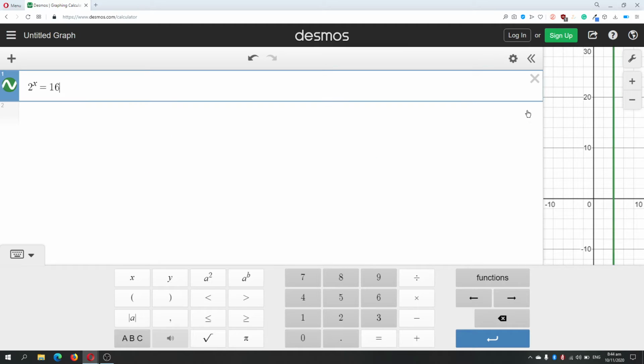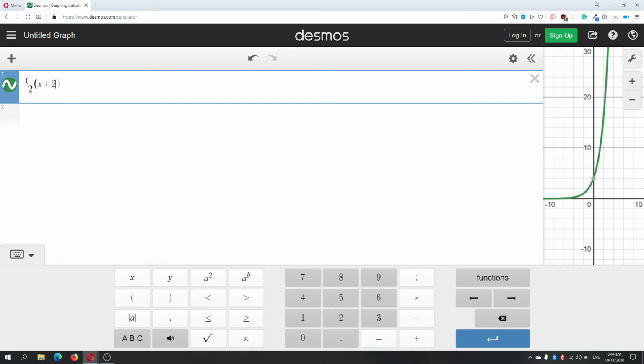Ganun siya. So, what if ganito siya? Same kasi yung base. So, that is 2 raised to x plus 2, plus 2 raised to x plus 1 is equal to 384.